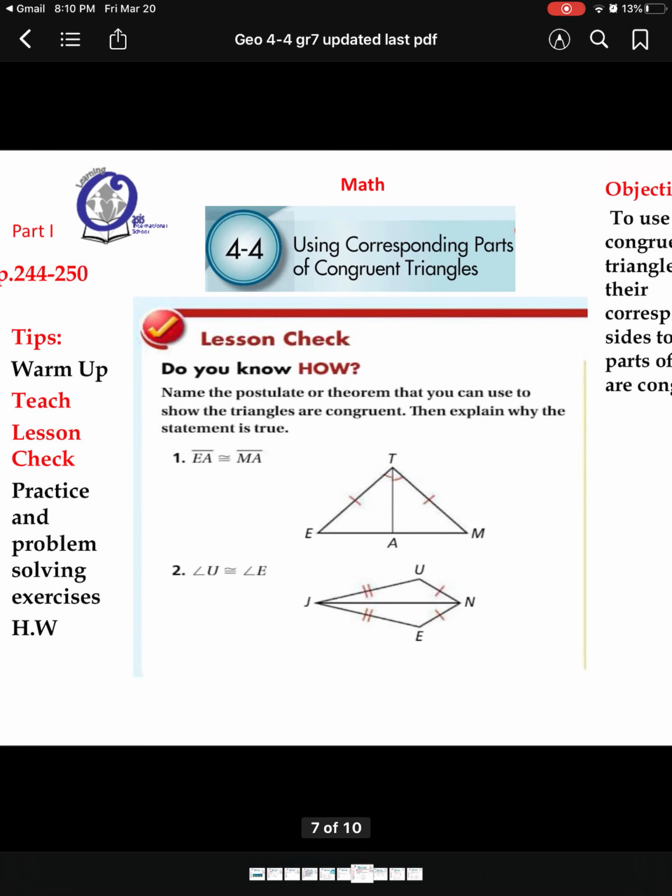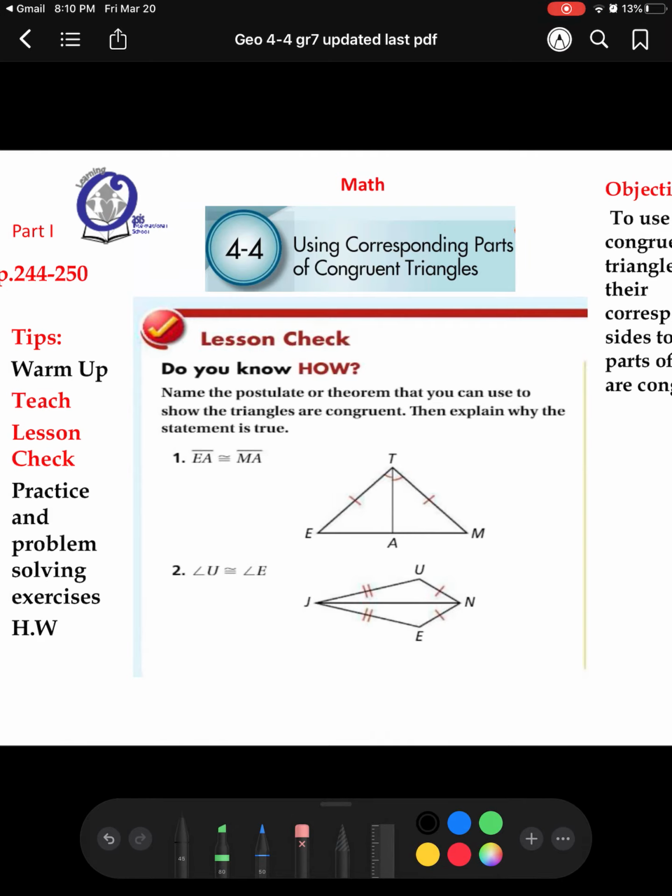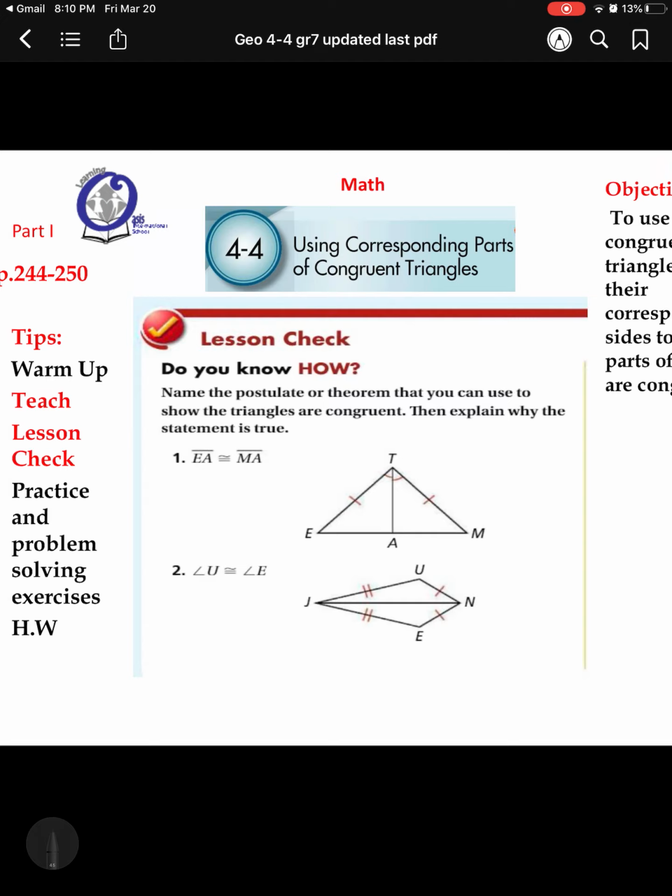This is to do more practicing on this lesson, although I feel that it's very easy for you, but let's see. Name the postulate or theorem that you can use to show that triangles are congruent. Then explain why the statement is true. First of all, I need to look at those two triangles.